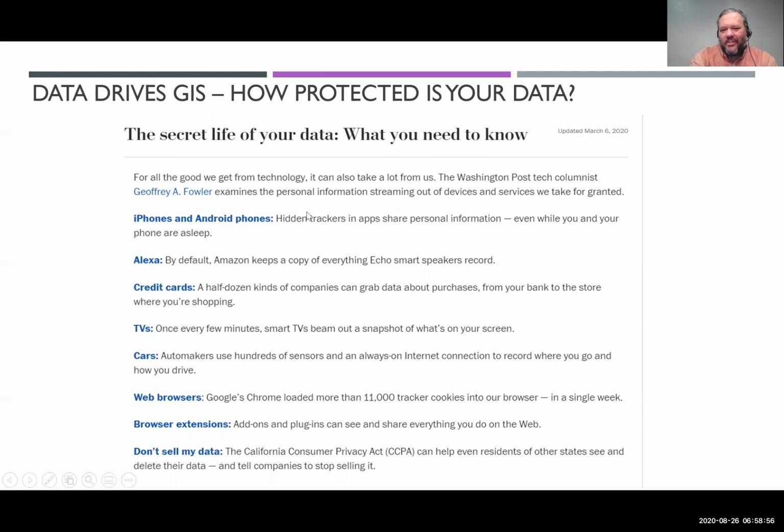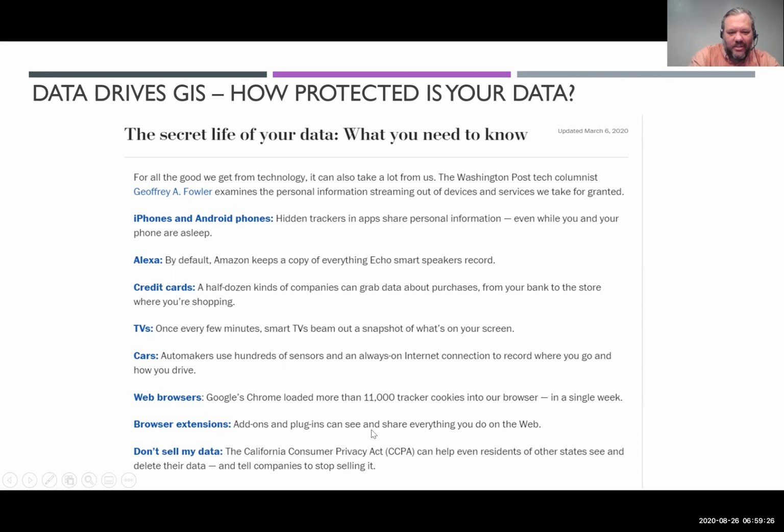Here's how your data is being collected, maybe without you knowing it, maybe with you knowing it. iPhones and Android phones, hidden trackers and apps share personal information. Alexa records everything. Credit cards can grab data about purchases, where you're shopping, the things that you're buying. Smart TVs, once every few minutes, beam out a snapshot of what's on your screen. I thought that was interesting.